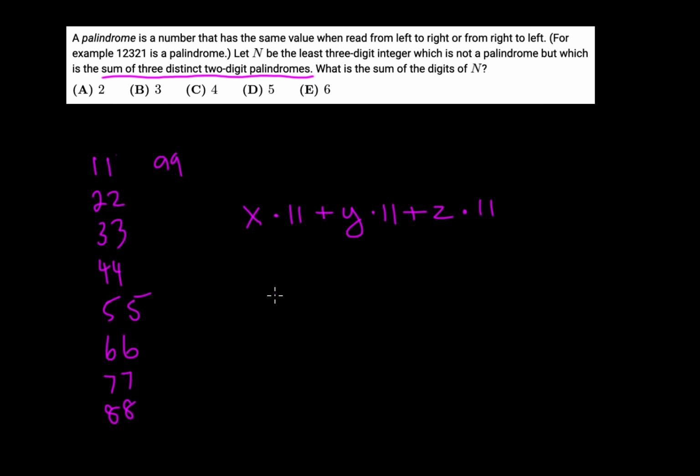And if we combine these, we really get that it's x plus y plus z times 11. And of course this has to be a multiple of 11 because you're saying times 11.